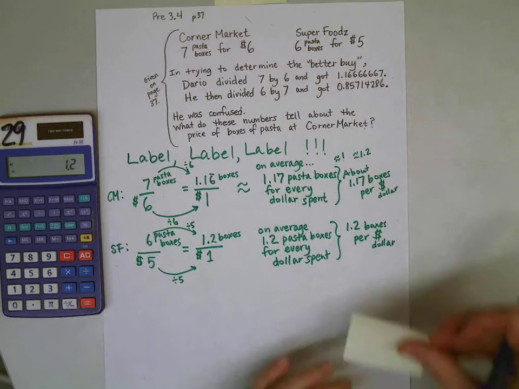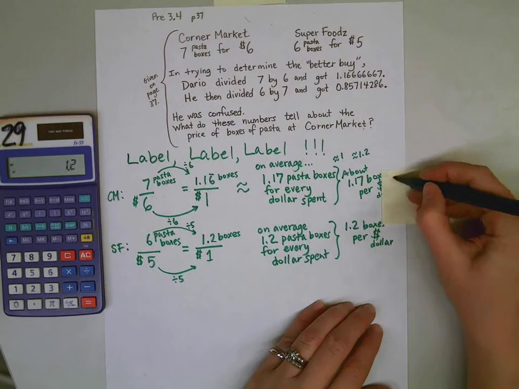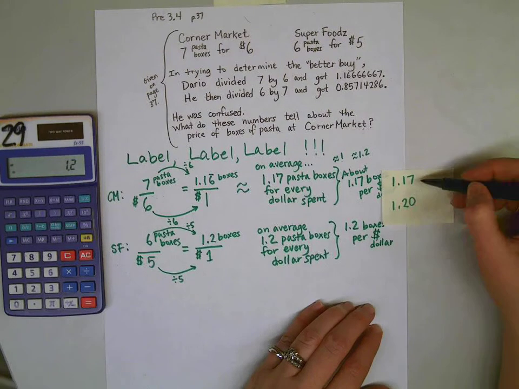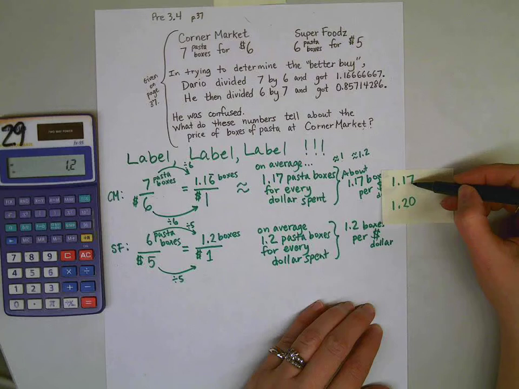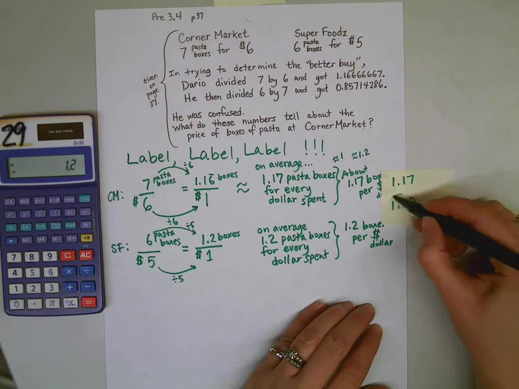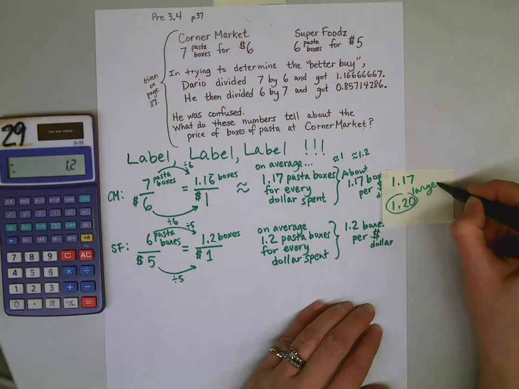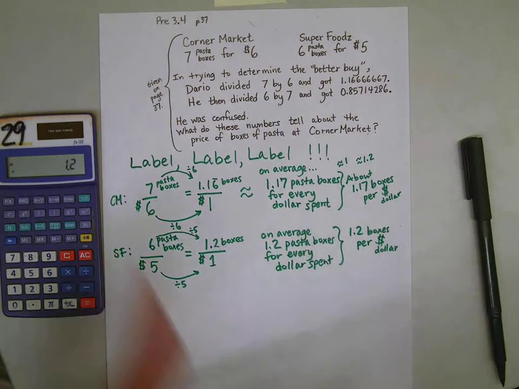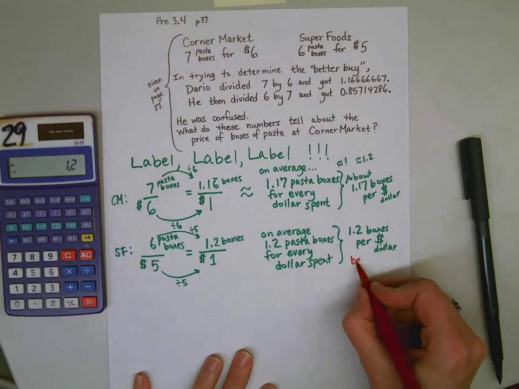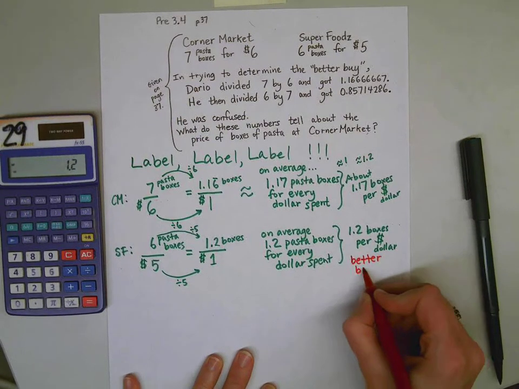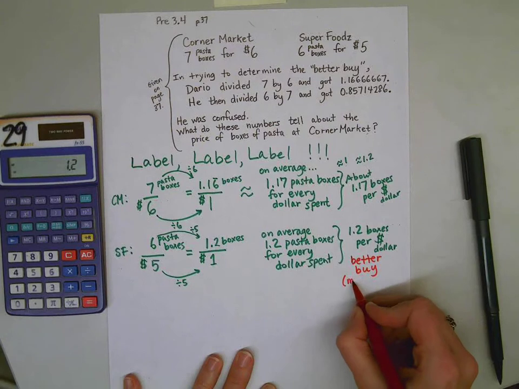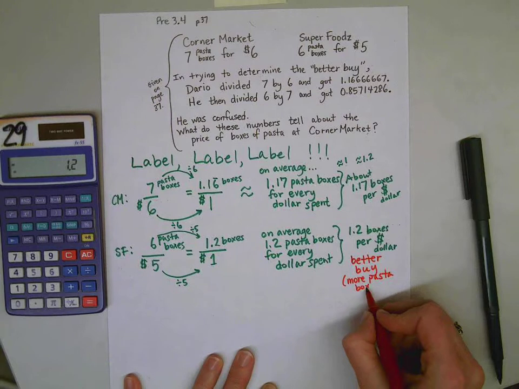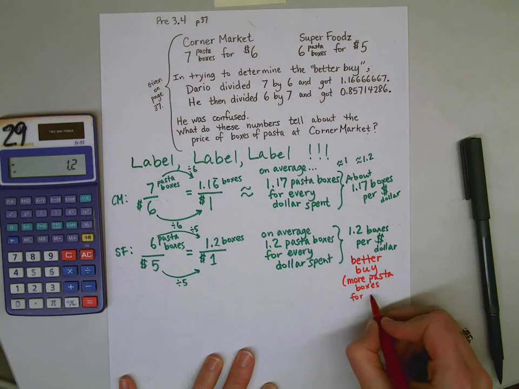And when we compare those two values, 1.17 and 1.2, we can add a 0 there and see that we're comparing really 1.17 and 1.20. This is the larger amount. So because of that, we would have the conclusion that this is the better buy. The reason, you get more pasta boxes for every dollar.